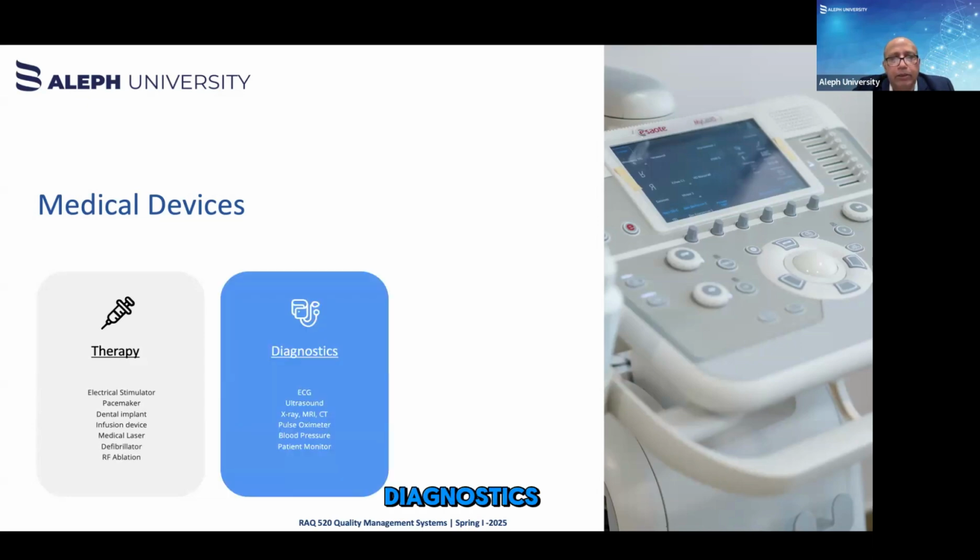In terms of diagnostics, we have devices that are used to diagnose a disease condition. For example, ECG. What is an ECG? It's an electrocardiograph or cardiogram.